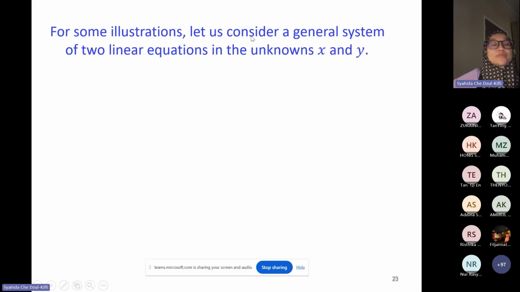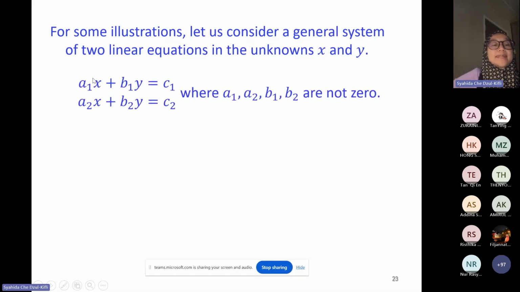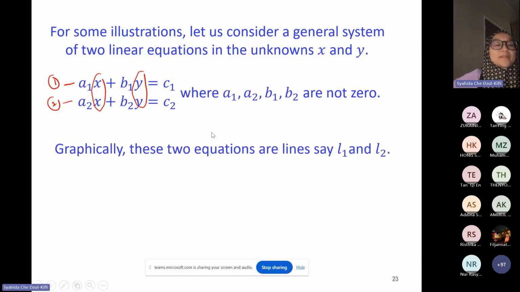Let's say the system has only two linear equations, this is the first linear equation and this is the second, with variables x and y. Geometrically, these two equations are lines, since they are linear, straight lines. Let's say L1 for the first equation, L2 for the second equation.